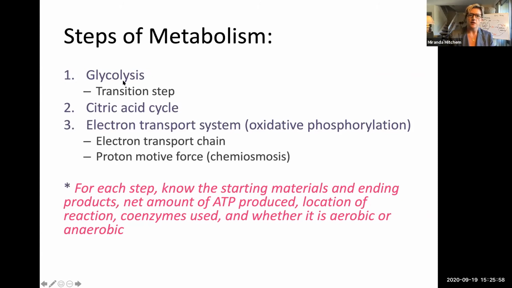So a cell or organism that gets through all 3 stages will make more ATP than a cell that just does glycolysis or the citric acid cycle. And even just looking within the example of our muscle, different muscles have different metabolism requirements.